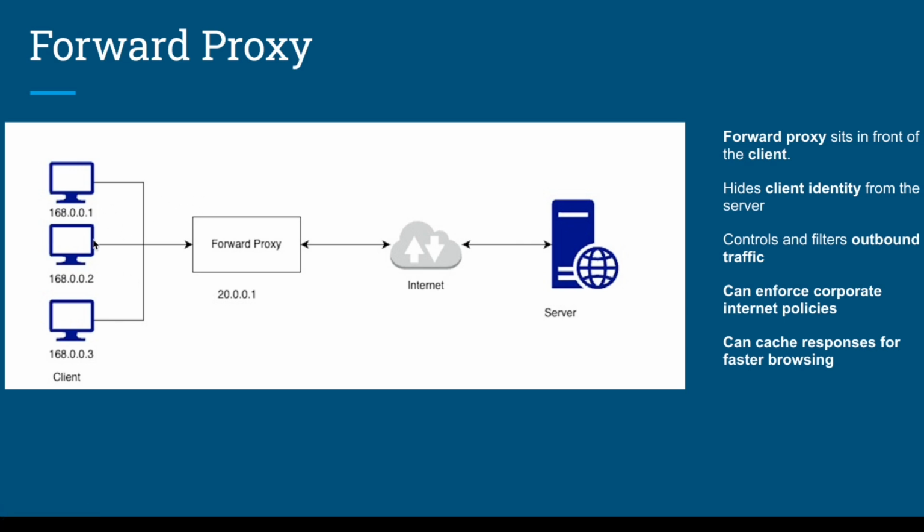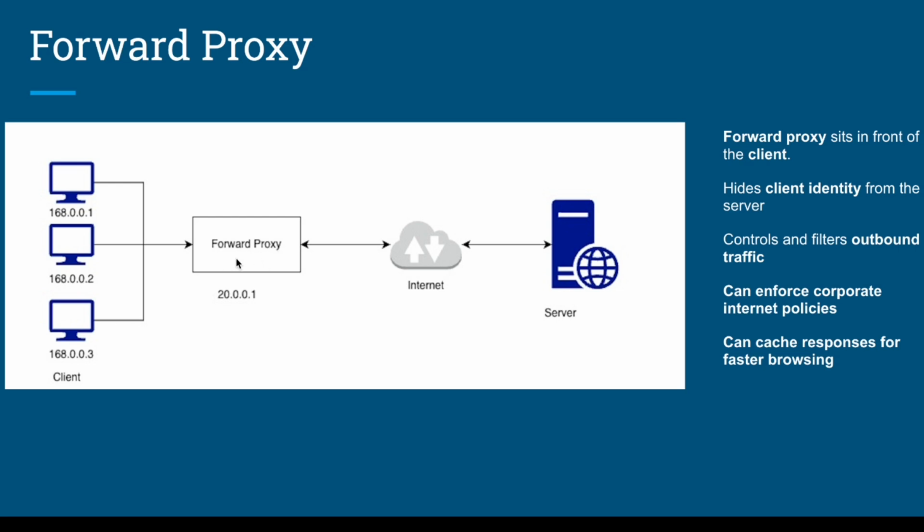Whenever any user of that company tries to request any resource from the server or internet, first the request goes to the forward proxy, and then the forward proxy requests that resource. So those policies can be applied here: whether it's a valid resource the user is trying to request, it can allow that response or block it. All those policies can be applied at the forward proxy level.